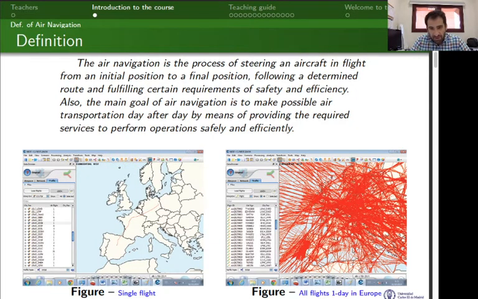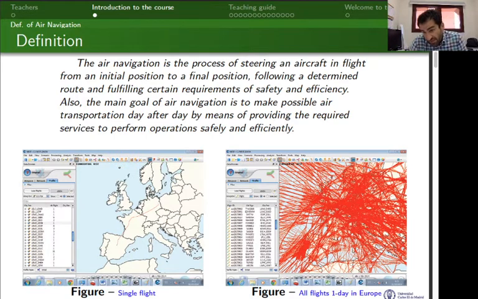So we need to put in place procedures, processes, rules in order to ensure that not only one flight can be steered towards destination in a safe and efficient manner, but all of them, as a complex system.